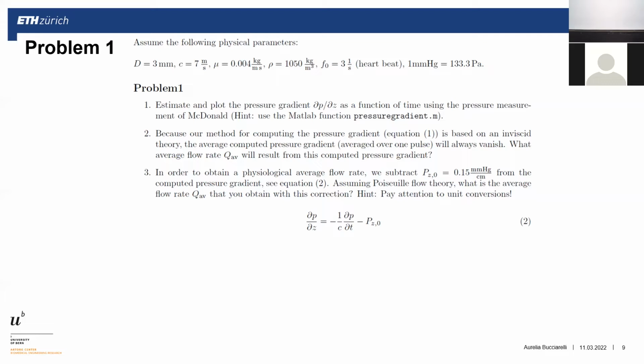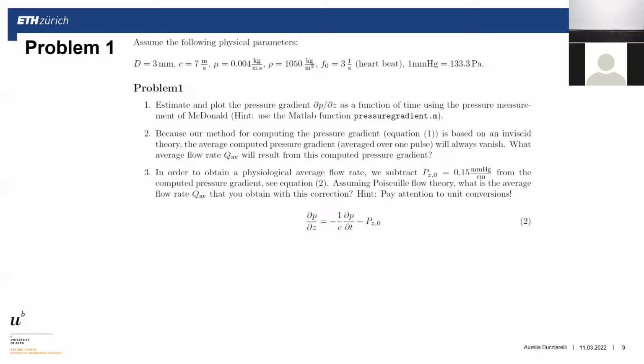And then the last one, you want the physical average flow rate. To obtain it, you need to take out the shift, as we saw, between the pressure and the flow rate. So you take out the shift as in the formula there.